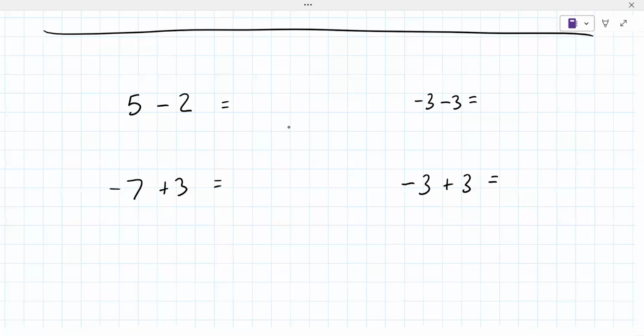For the first one I got, oh, I didn't see the rest. Hold on 1 second. -3.